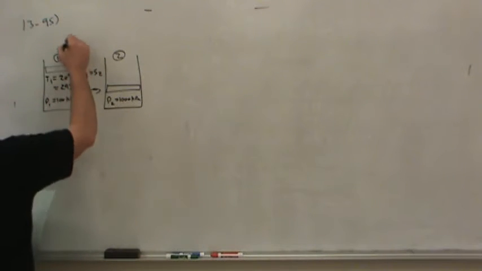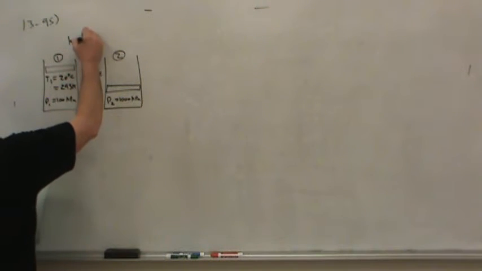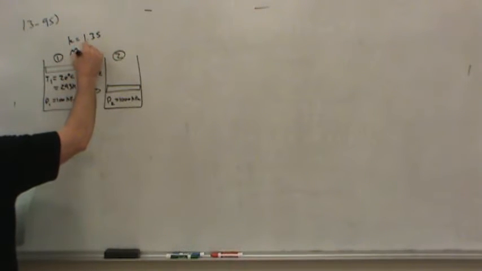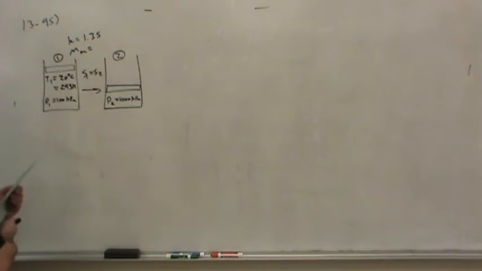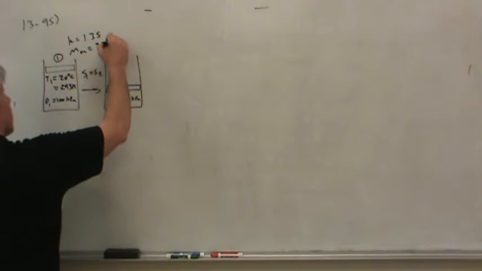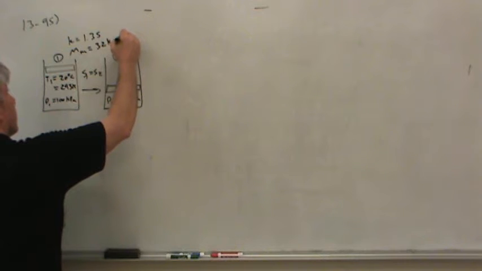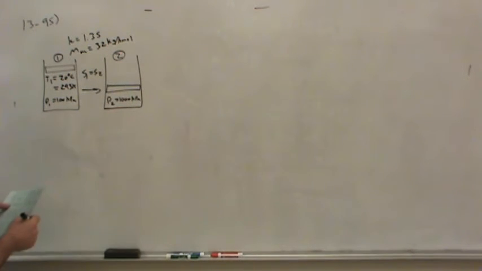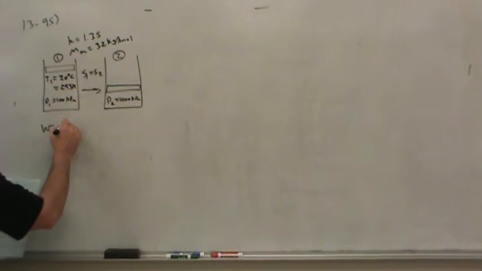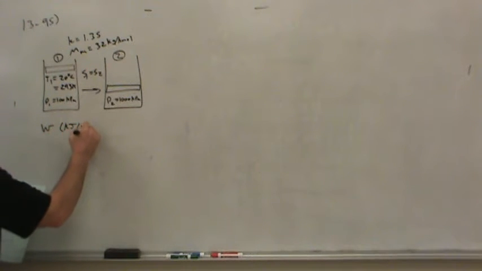Now some properties of the gas: the heat capacity ratio is given as 1.35, and the apparent molar mass is 32 kilograms per kilomole. And all we're trying to find is the specific work in kilojoules per kilogram.